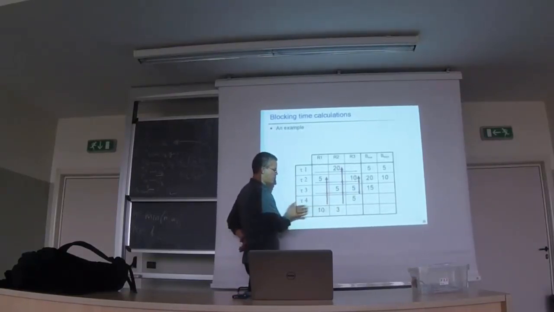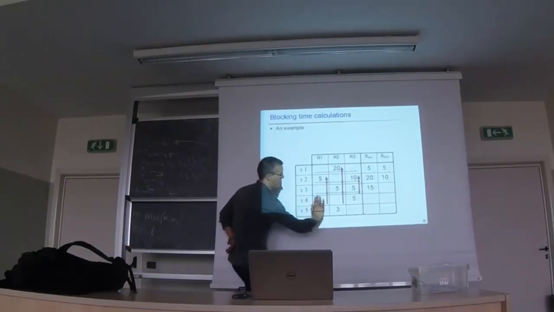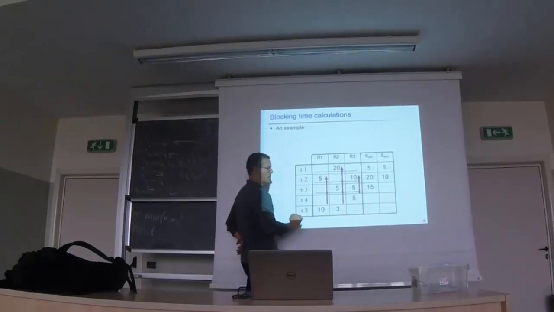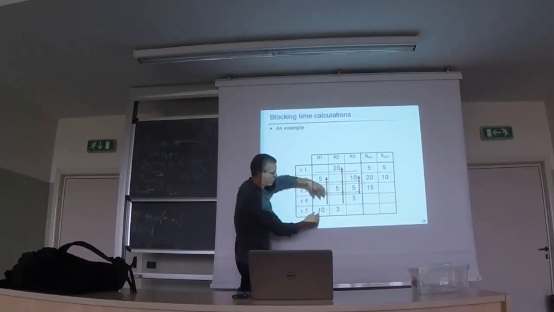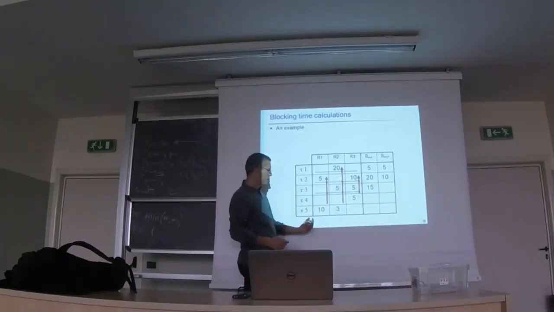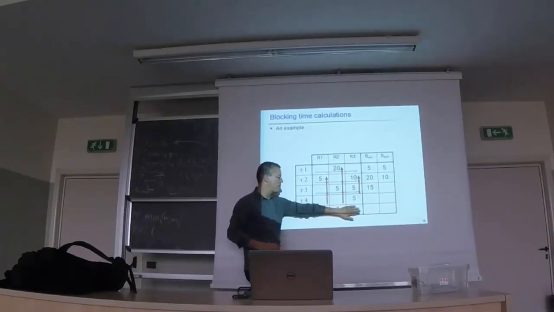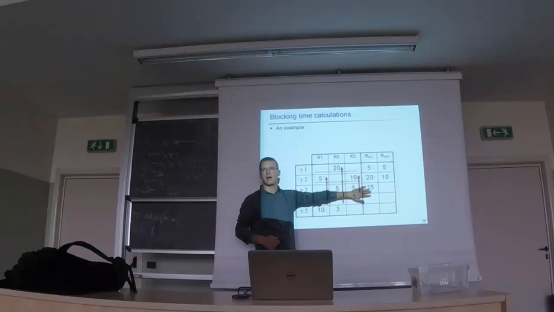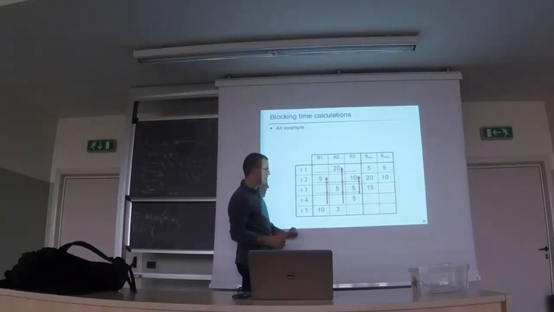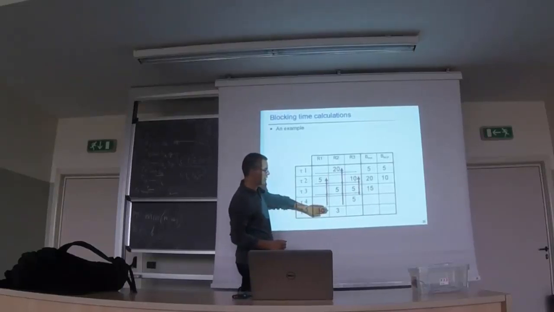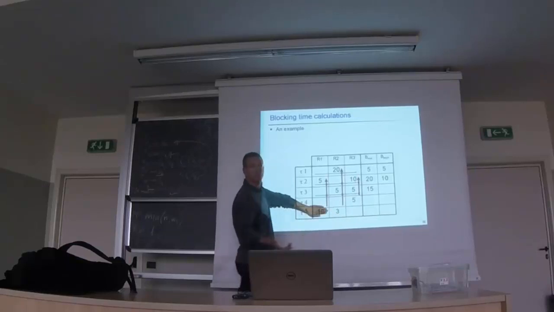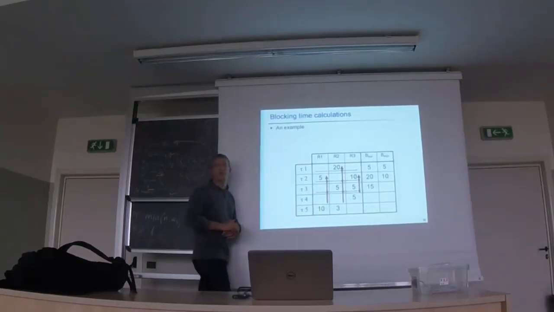I can be blocked by 2 tasks or by 3 resources. The worst case selection I can make of 2 different tasks on 3 different resources is taking the 10, and then I erase, and taking the 5. If I had taken the 3 here, it would have resulted in 8, which is smaller. And that's it, okay? Nothing difficult.